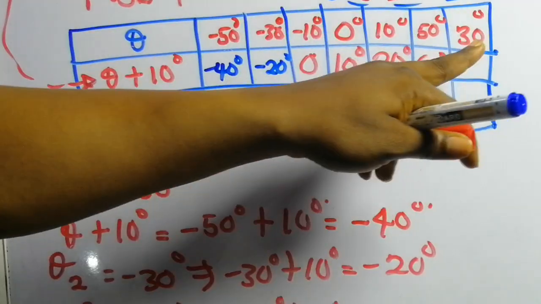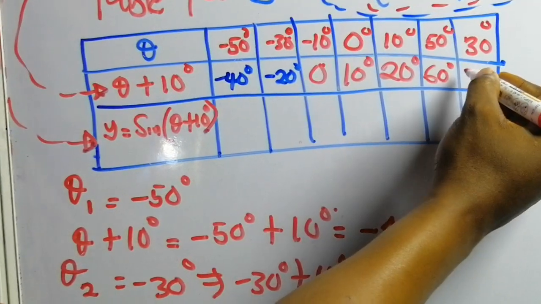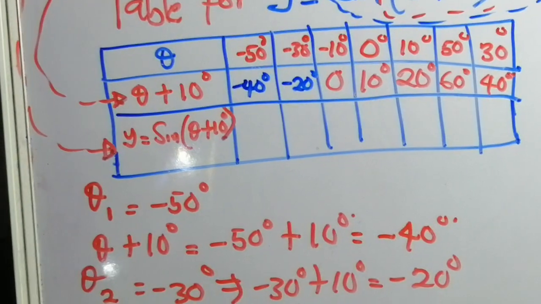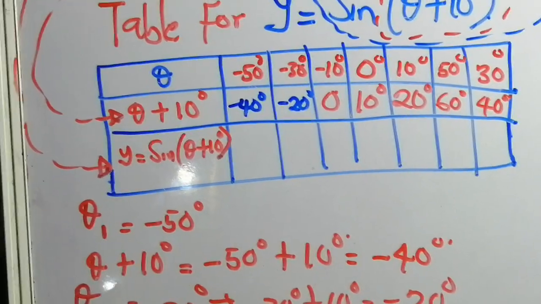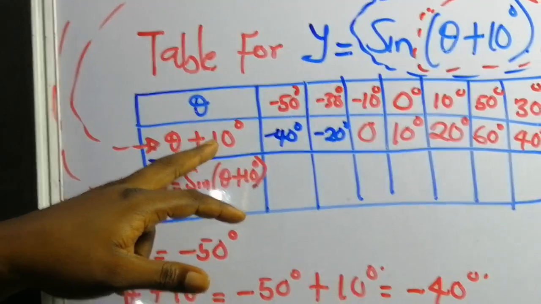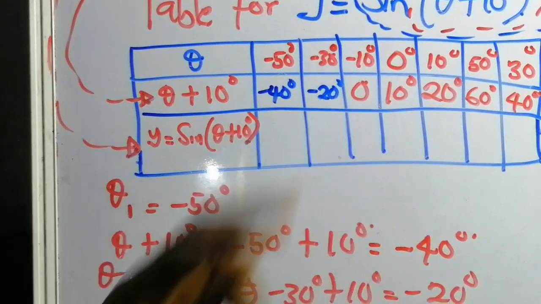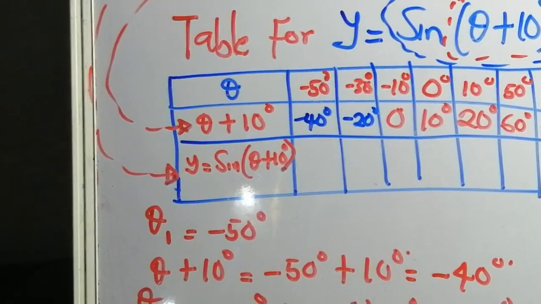The next one is 30 plus 10, that is 40 degree. Very, very simple. Now you've gotten your theta plus 10 to be minus 40, minus 20, 0, 10, 20, 60, and 40.